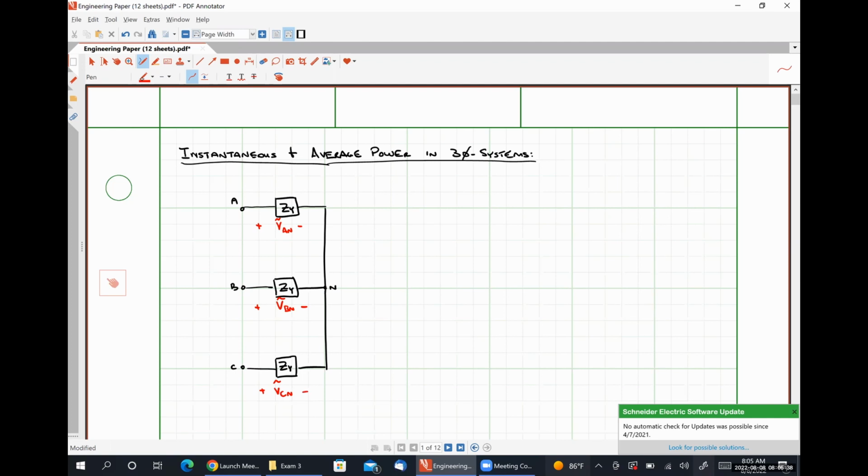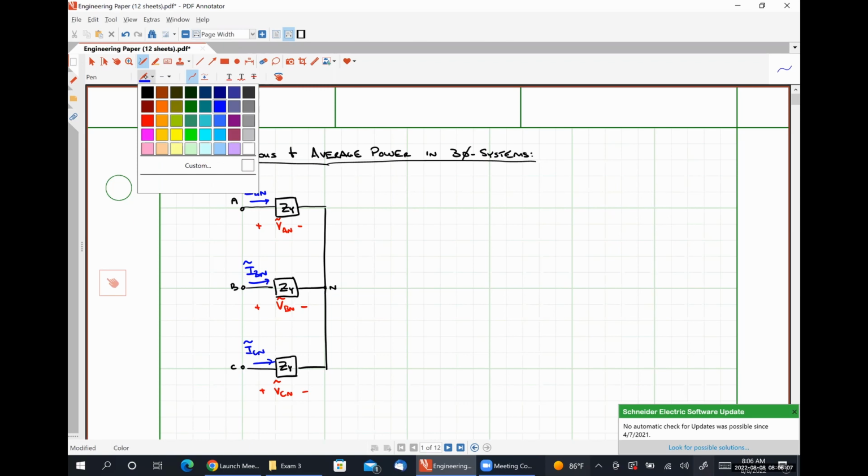And we will also have some phase currents IAN, IBN, and ICN.